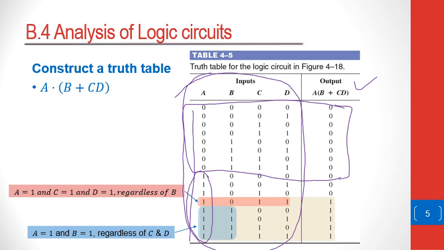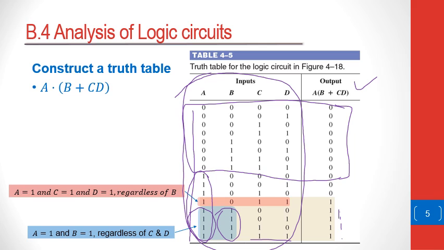So that one is out. Automatically we know this is always going to be 0. But when A is 1, the output can be 1. If A is 1 and B is 1, it doesn't matter what these other ones are, then you'll always have 1.